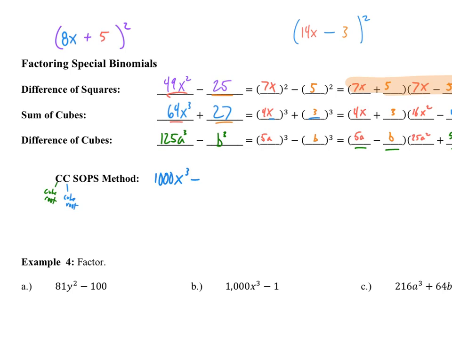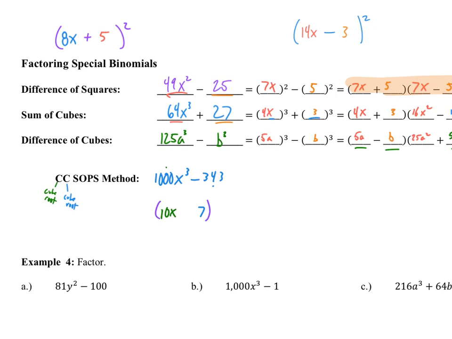What's 7 cubed? 343. Okay. So I'm going to take the cube root of this, which is 10x. I'm going to take the cube root of this, which is 7.